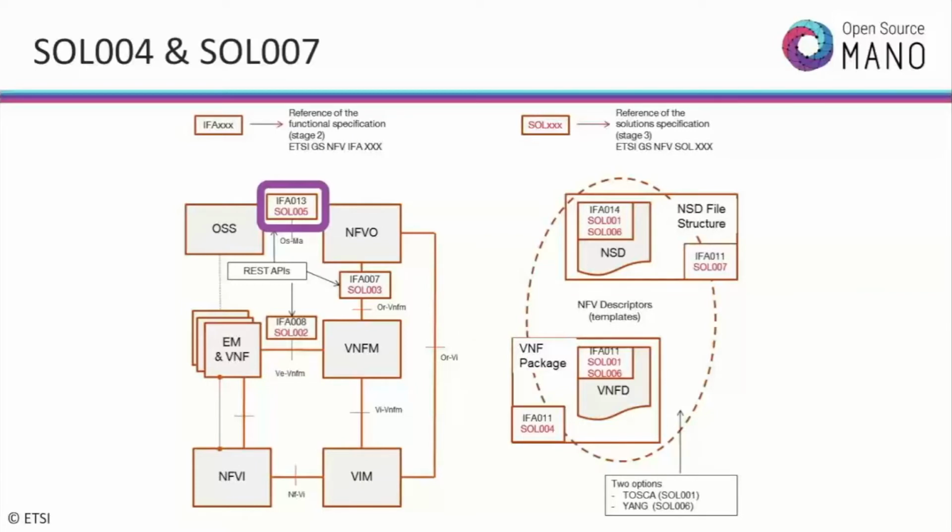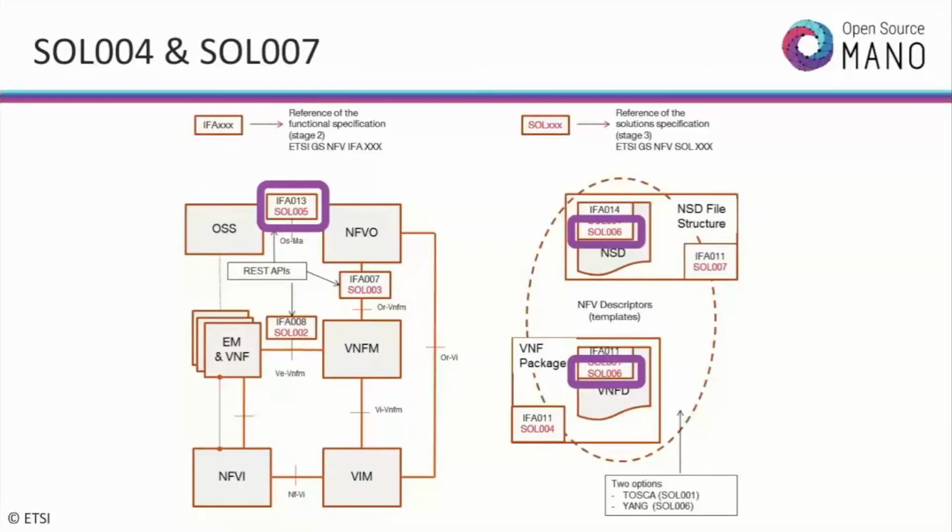So now, starting with Release 9, we have added support for SOL 6 interfaces, which show up on the NSD and VNFD. So SOL 6 is the format or the YAML specification of the network service descriptor. So the fields, the labels, the names, the leaf nodes, everything that's inside of the network service descriptor and the VNF descriptor are dictated or prescribed by SOL 6.